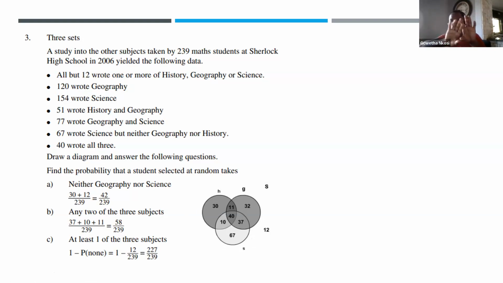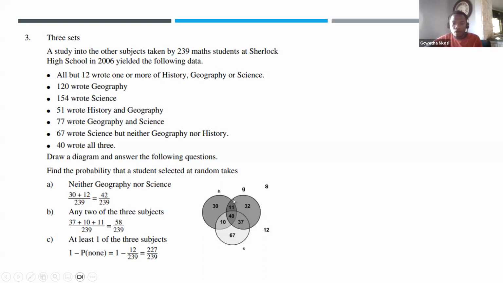If we subtract those who didn't participate in anything, we are actually getting the number of students who have taken at least one of the subjects, which is 1 minus the probability of none, which is 1 minus 12 over 239, which is 227 over 239.